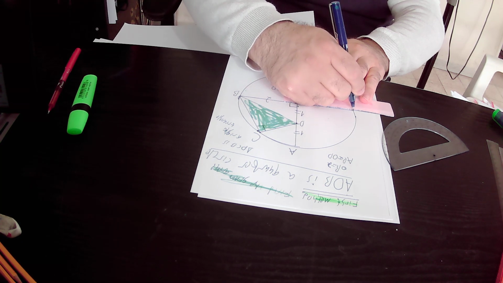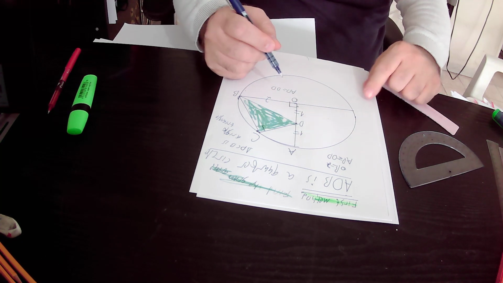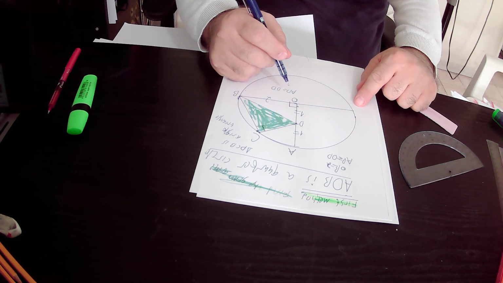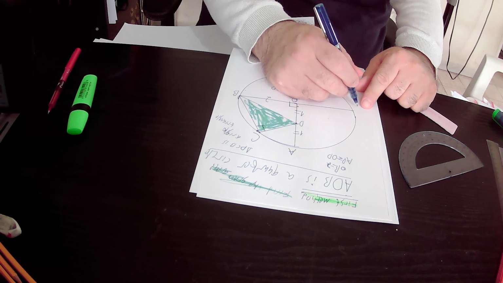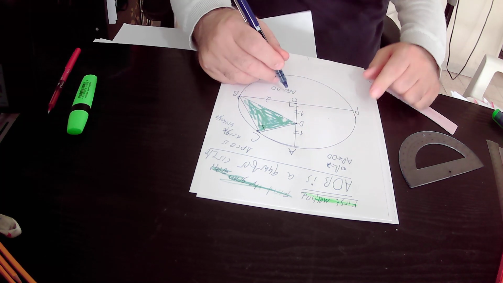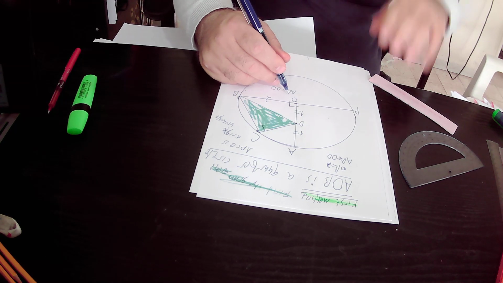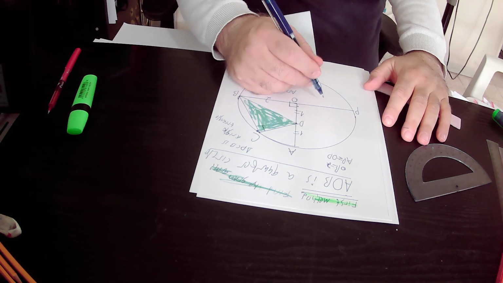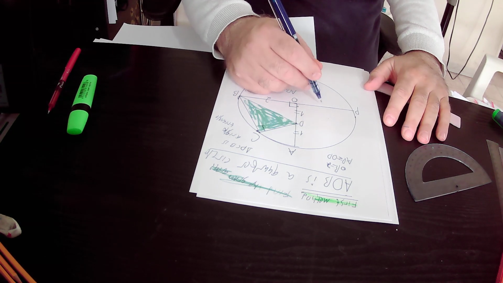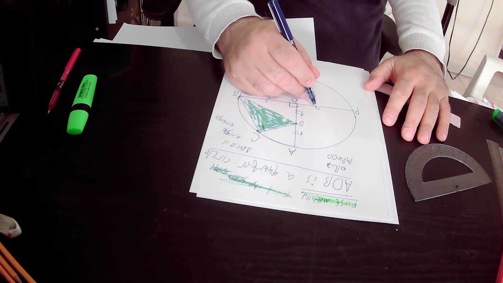We define the touching point of the extended BO on the circle as point P. Point O is the center of the circle, and point P is on the circle itself, therefore PO is the radius of the circle, equal to 2 units.